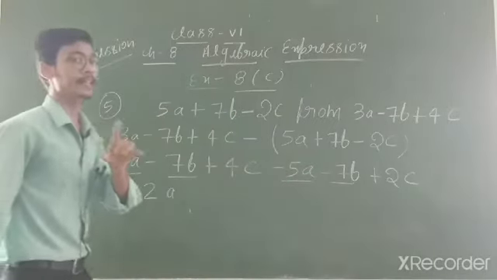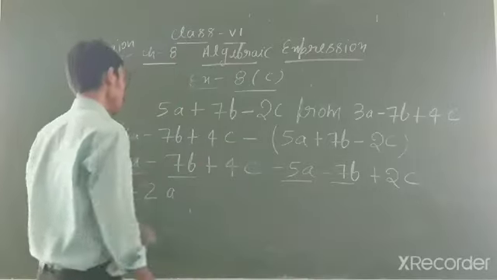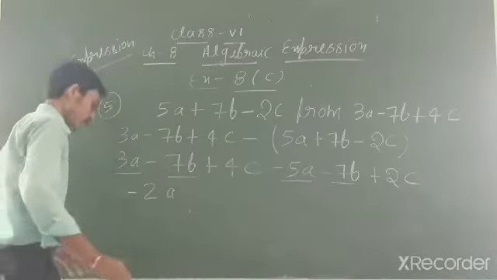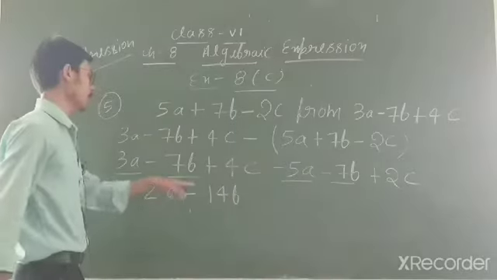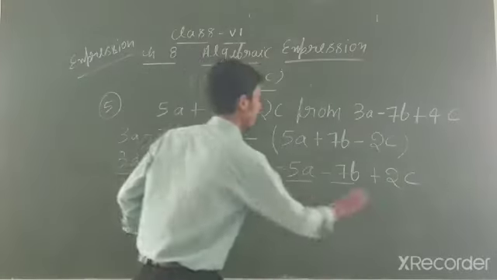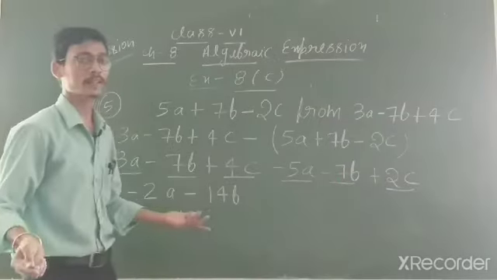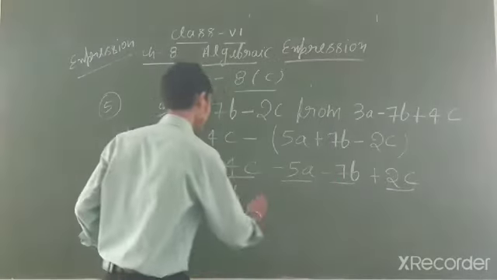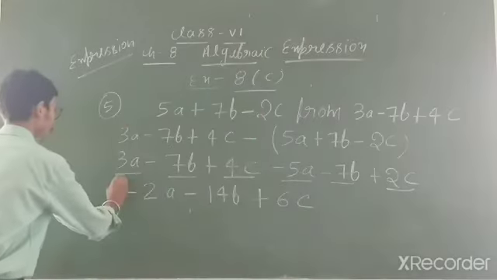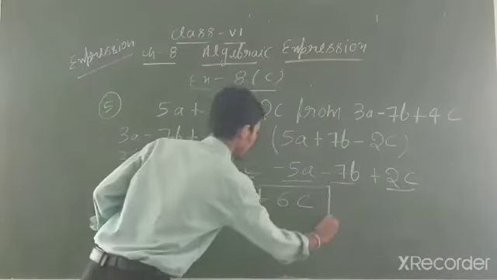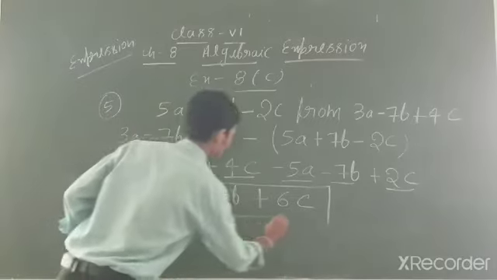Minus plus and sign of greater integer, but here both are equal, so we will write down -14b. Clear? Now come to the c. 4c and 2c plus plus, you know that simply plus, so 4c plus 2c, it will come 6c.